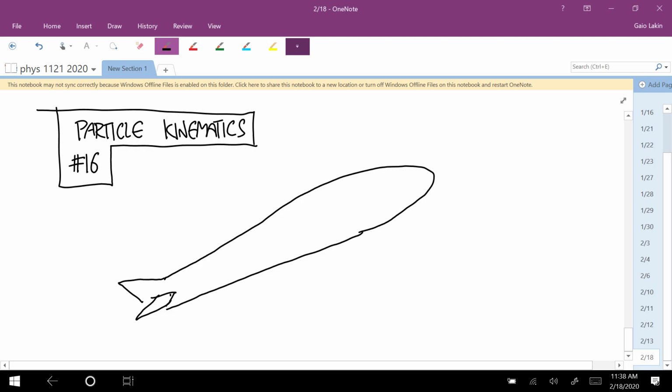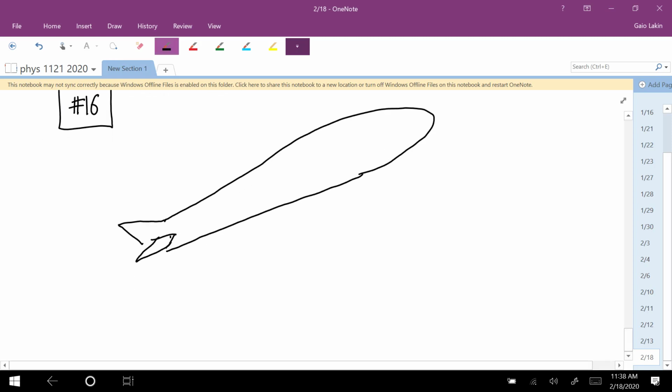And its acceleration vector, the acceleration of the airplane relative to the ground, is negative 3.5, negative 7.0 meters per second squared. So the way I have this drawn, that would mean it was slowing down.